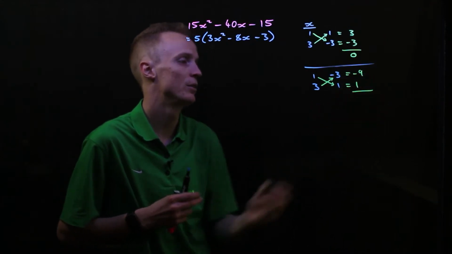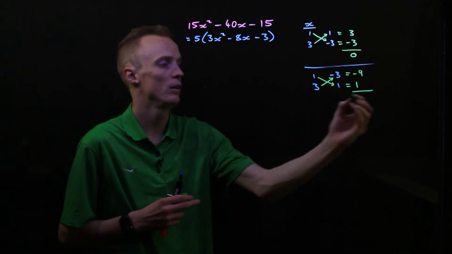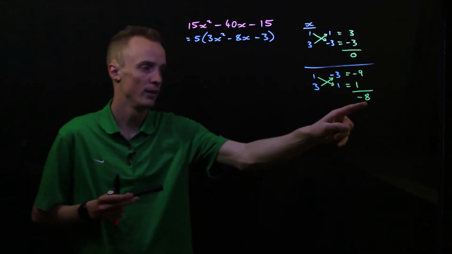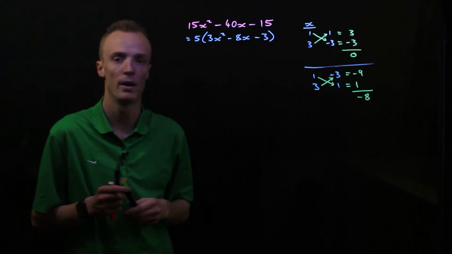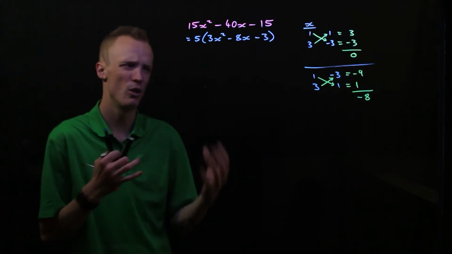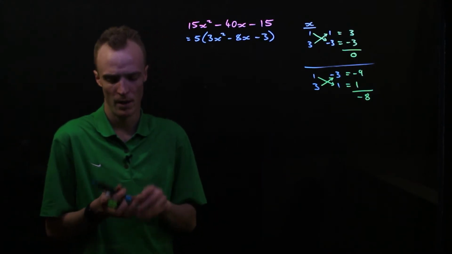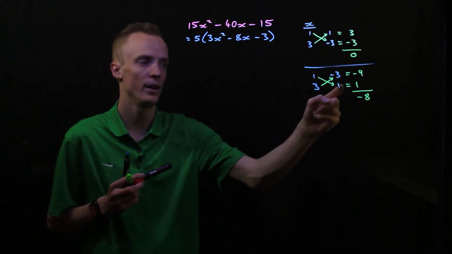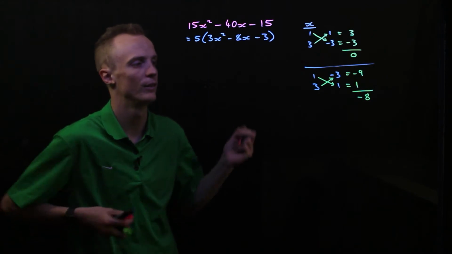And when I add these two together, negative 9 add 1 will be negative 8. And negative 8 is the number that I'm looking for, my coefficient of x. So that means I've found the combination that will work here. What I do with this is I bracket the top line and I bracket the second line, because these are my two linear factors.